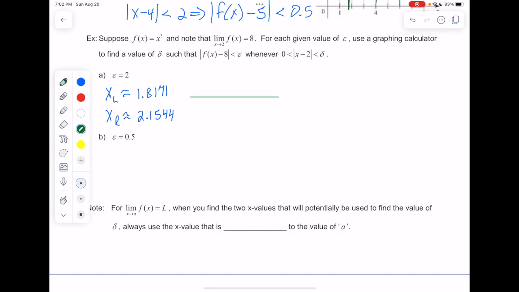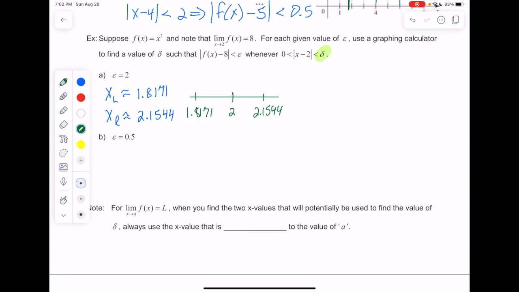Suppose we imagine a number line with 2, and we're saying we need to stay in between 2.1544 and 1.8171. Well, the way the game's played, we don't list a left boundary and a right boundary. What we're supposed to pick is a value of delta such that as long as you stay within that distance of 2, you'll be okay.